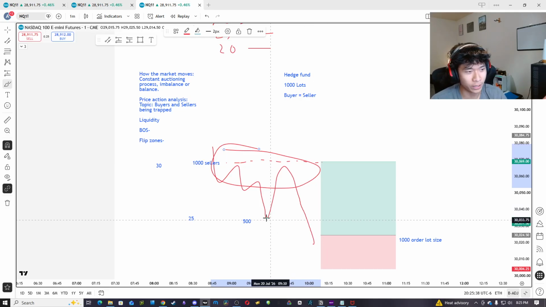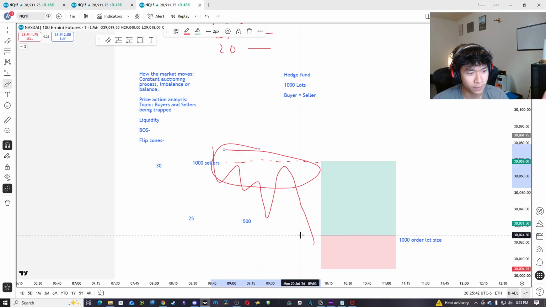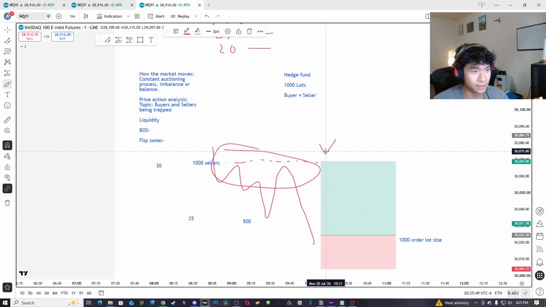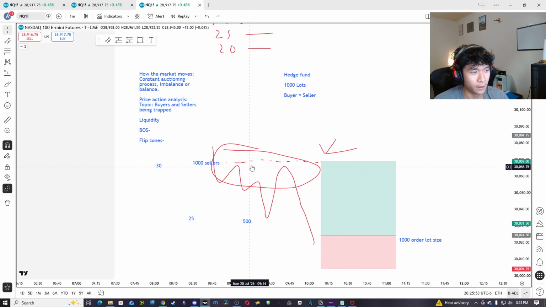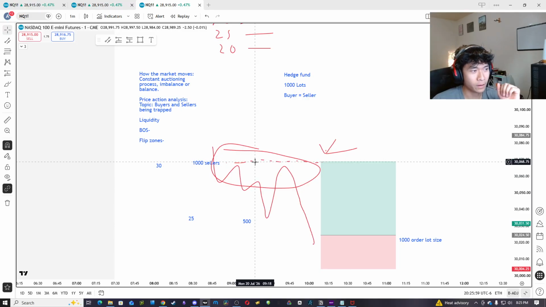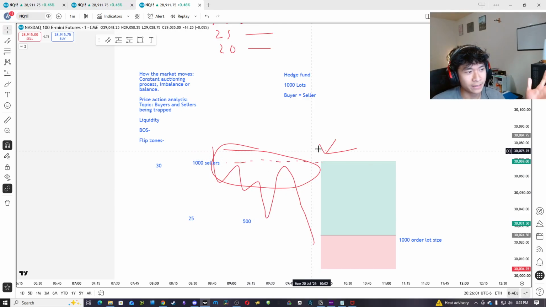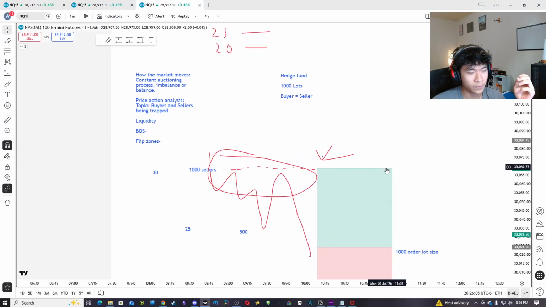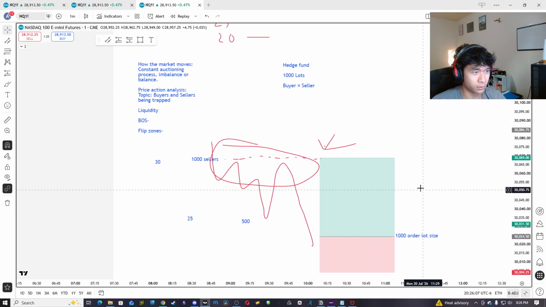So when they're all going short around this price level, this hedge fund is waiting for price to enter at a solid price level where they're willing to buy 1,000 lots, and then they're gonna unload their orders at these liquidity levels. These can happen at swing highs, double tops, double bottoms. There's all these different patterns that you see that leave behind signs and hints of, oh, maybe this is where price wants to go, so that way these guys can unload their orders, right?